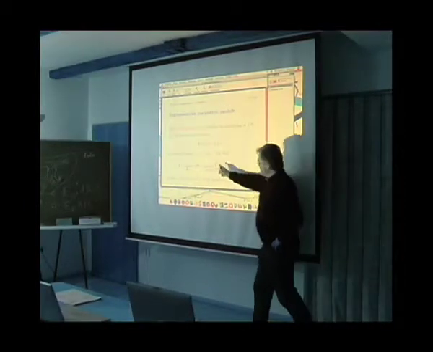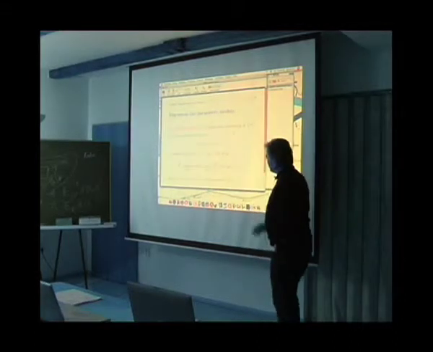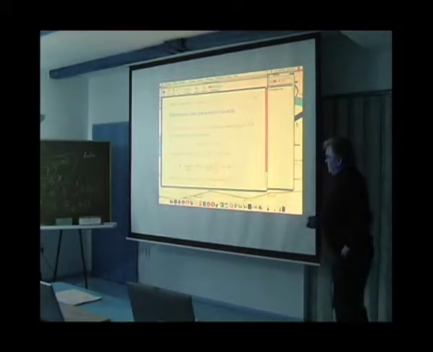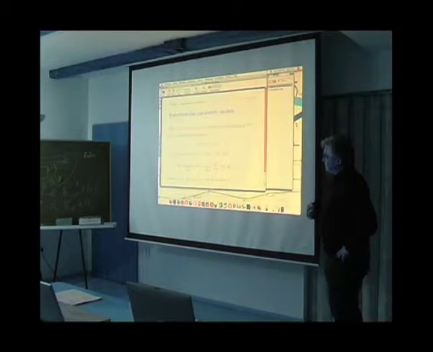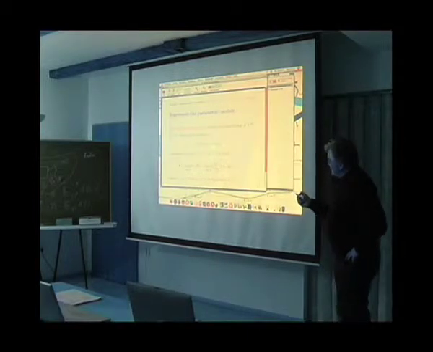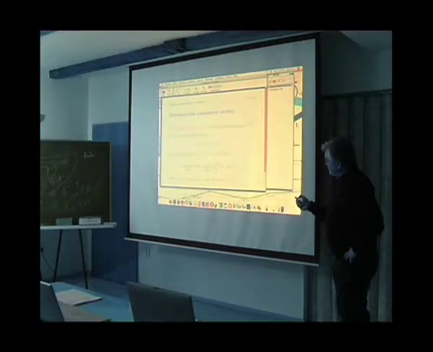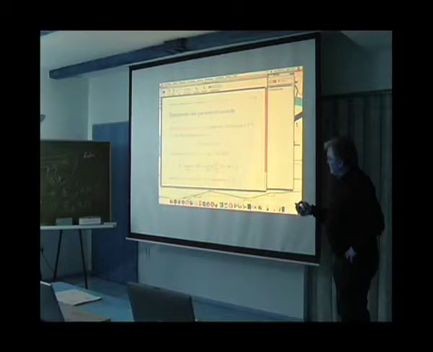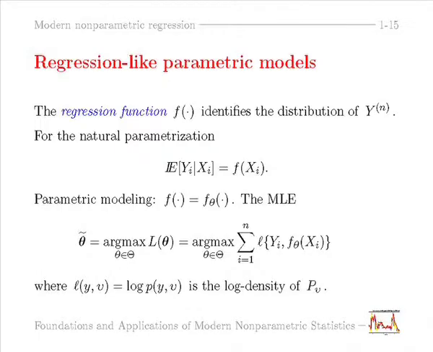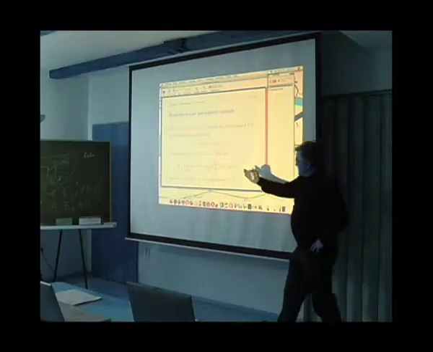That's what is written here. So f is equal to f theta, then we are back in this square. Parametric modeling means we are modeling the f function in terms of a parametric family, means we apply the maximum likelihood theory. Theta wiggle is the maximum of the likelihood function, as you see here.